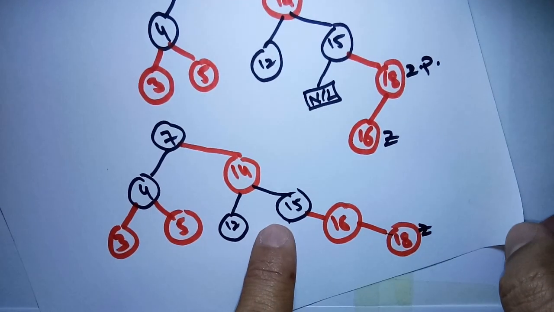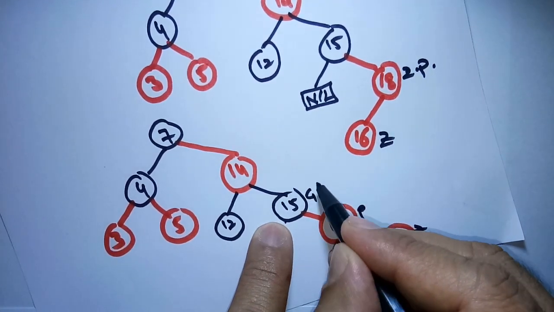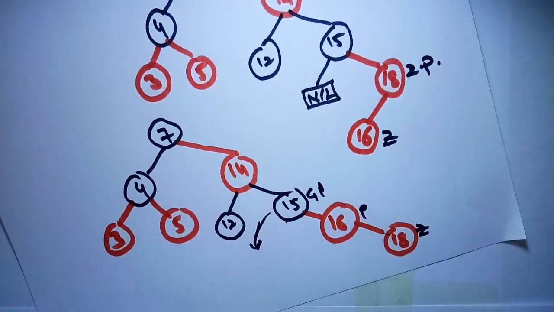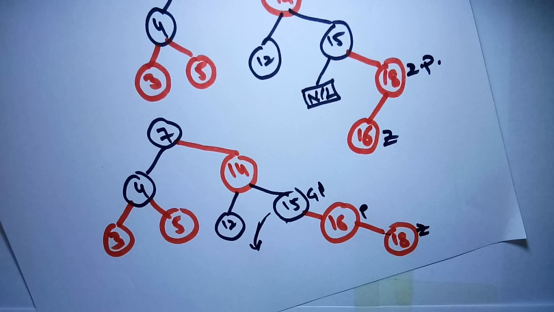So what we need to do, this is parent, this is grandparent, we need to rotate this grandparent in the opposite direction like this. And also we need to change the color of this parent and the grandparent. So let me just draw it directly.